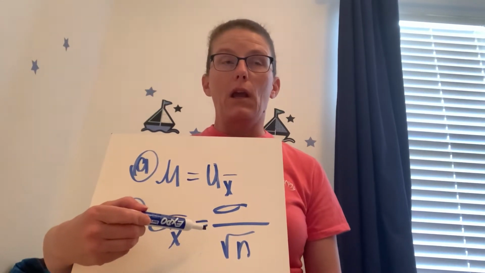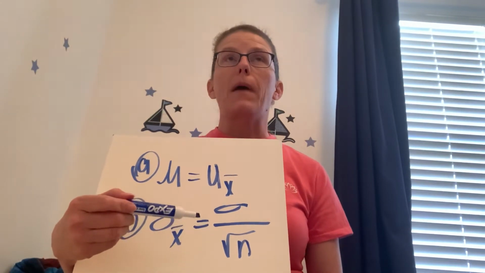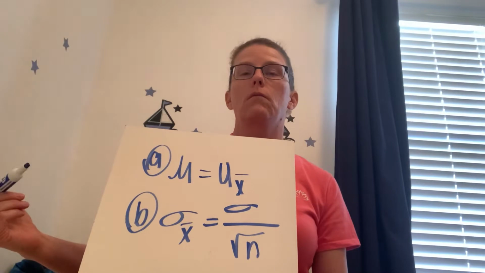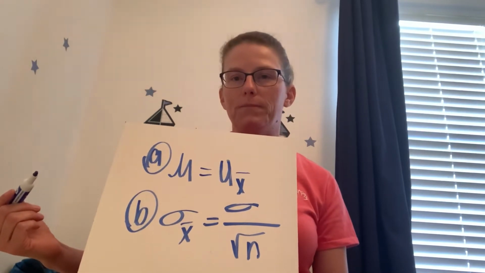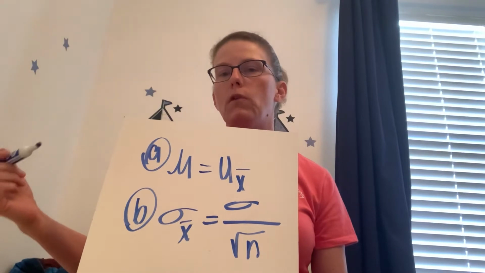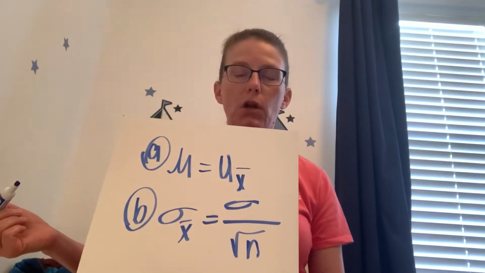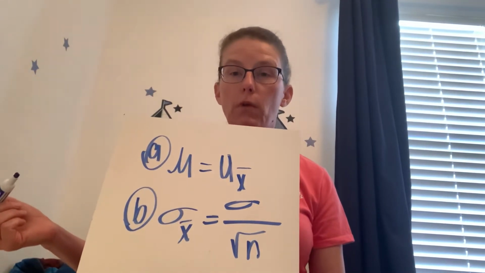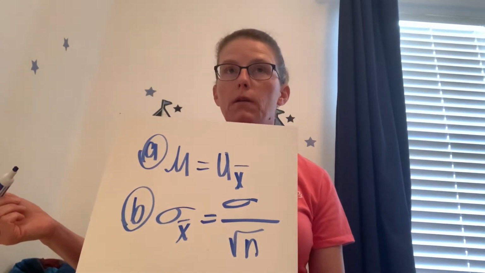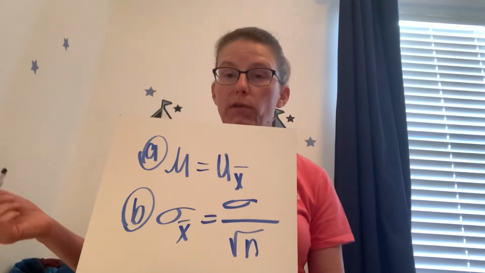Meaning, if you were to think about taking 100 samples of size 10, and you recorded all those means, you plotted them out in a distribution curve, and you noted what the standard deviation would be for all of their sample means.